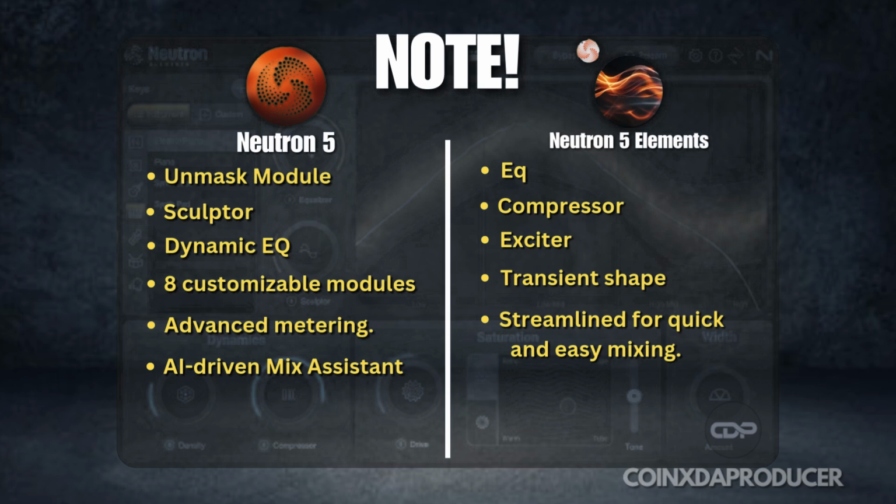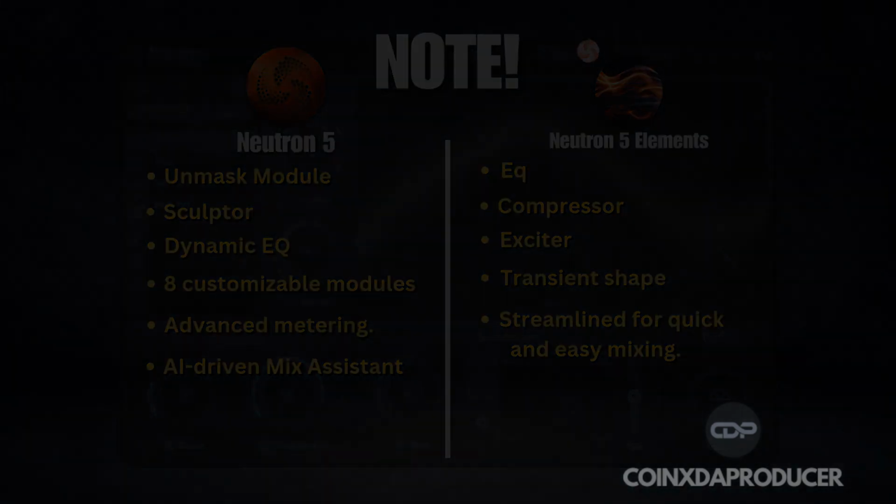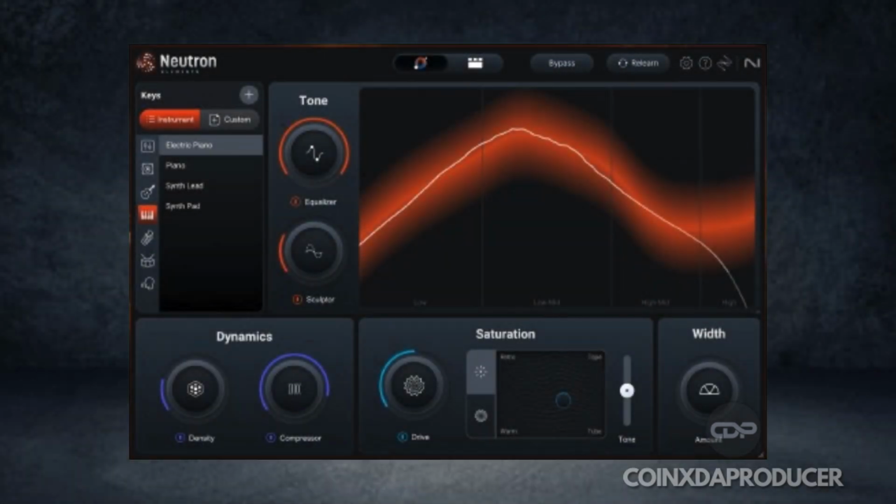So who are Neutron 5 and Neutron 5 Elements made for? Neutron 5 is perfect for professional and advanced users who need full control and flexibility, while Neutron 5 Elements is ideal for beginners or anyone on a budget looking for essential tools to improve their mix.